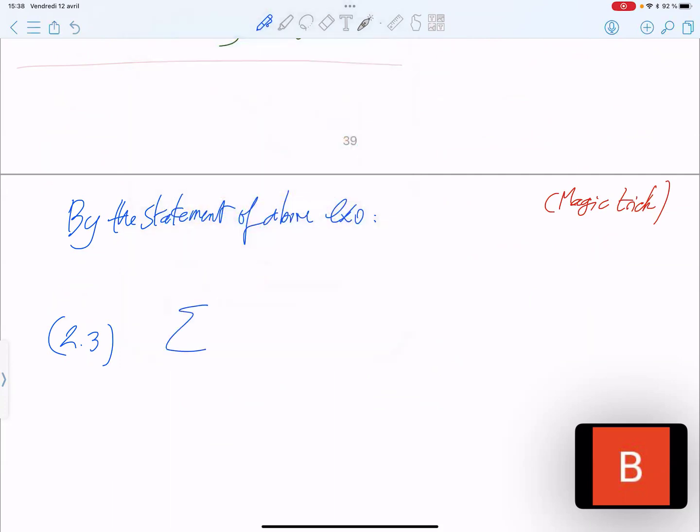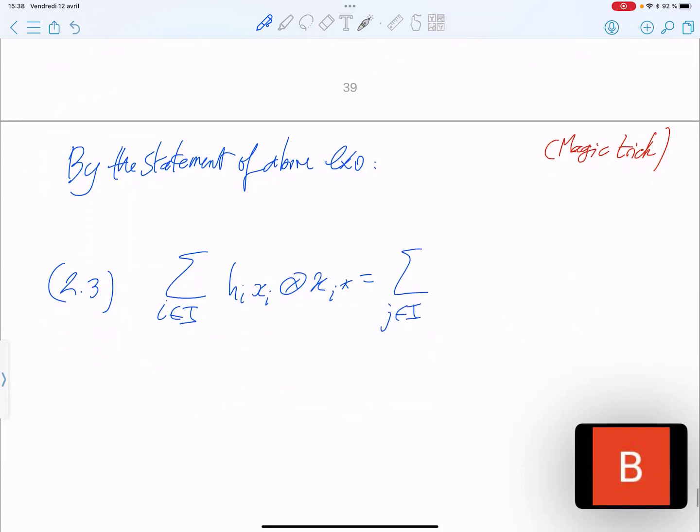So the sum for i in I of h_i x_i tensor h_i star is equal to the sum for j in I of f_j tensor f_j.